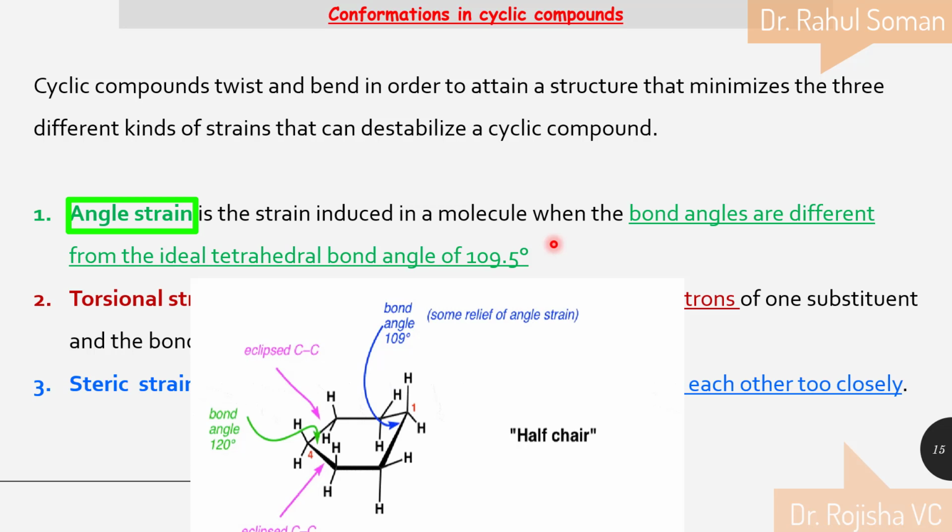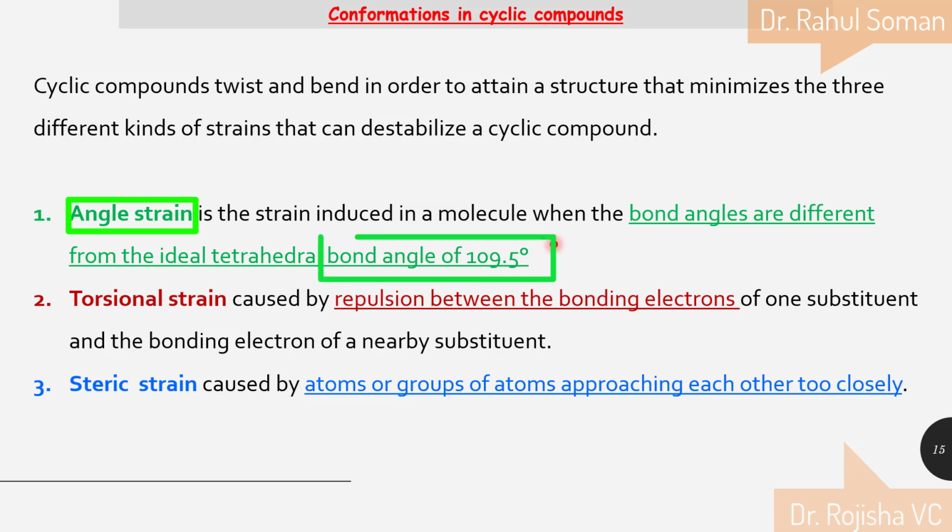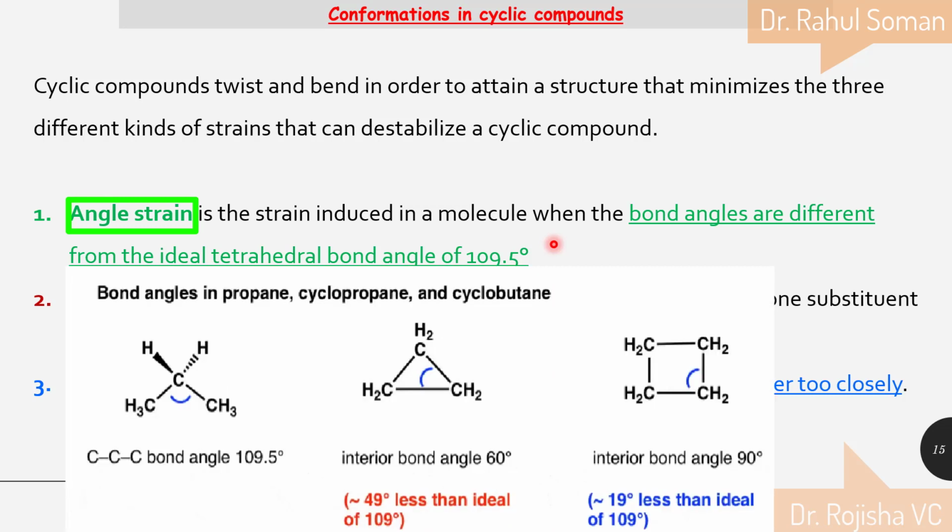That deviation in angle might sometimes be more than 109.5 degrees, or sometimes less. That difference in the bond angle causes strain in the cyclic structure, and that is the angle strain. To make a cyclic structure, these cyclo compounds sometimes have to compromise the bond angle, so the molecule will have strain. That is called the angle strain.